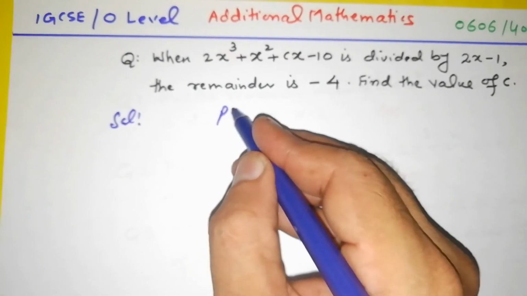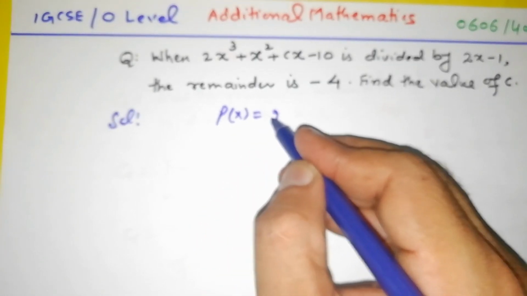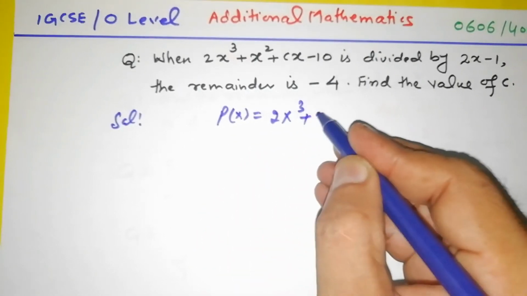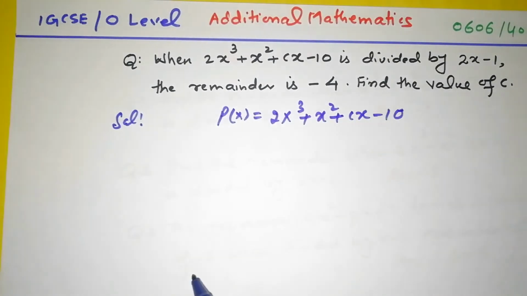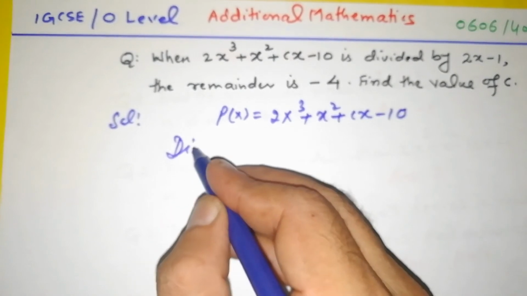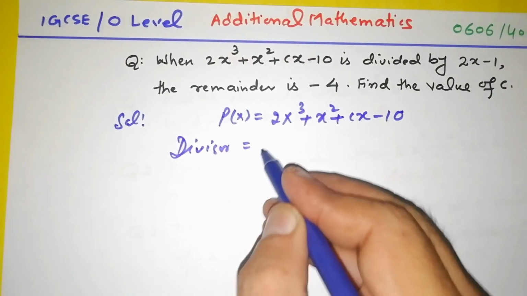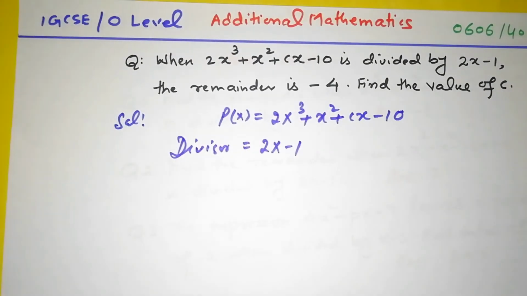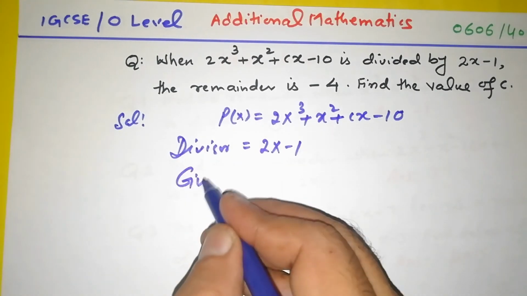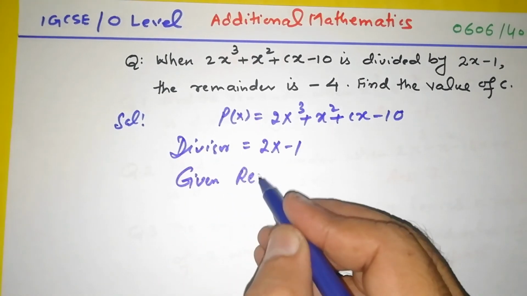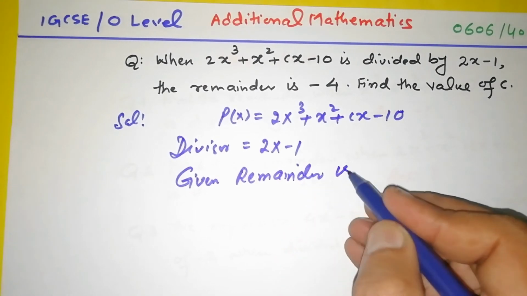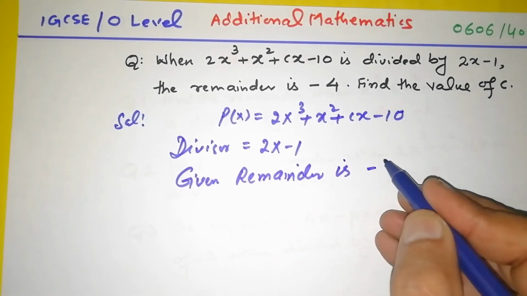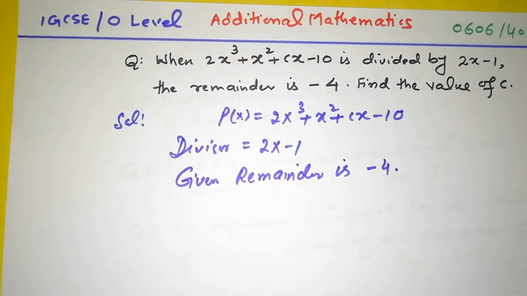Therefore solution, the polynomial is given, that is 2x cube plus x square plus cx minus 10. What is the divisor? Here the divisor is 2x minus 1 and the given remainder is minus 4. This remainder is given.